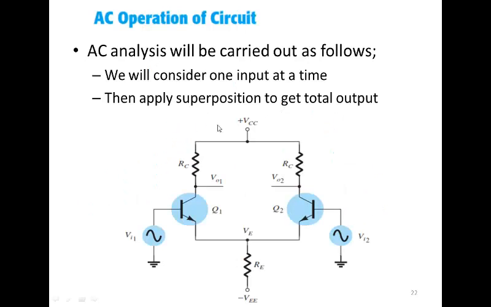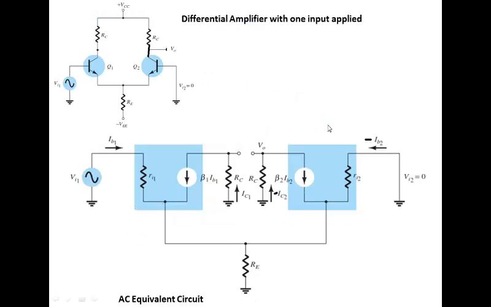Again, AC analysis is performed by applying superposition. So for that we consider one input at a time and set the other input to 0. Then we would repeat the analysis for the second input by setting the first input to 0.